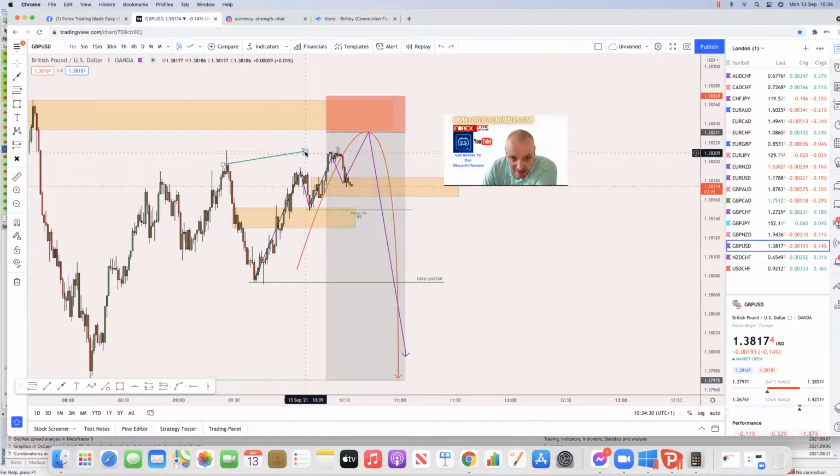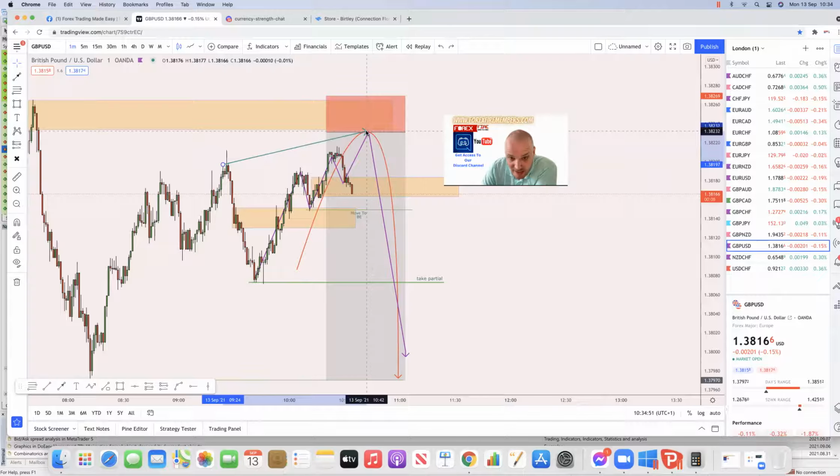But this here would not become active until we get the break structure on the lower side, okay? So as you've drove up, you've got a high, a higher low, a higher high, a higher low. This would be a higher high with an entry.